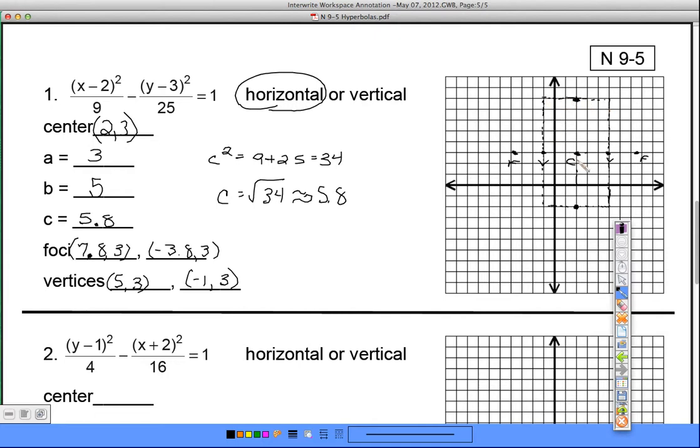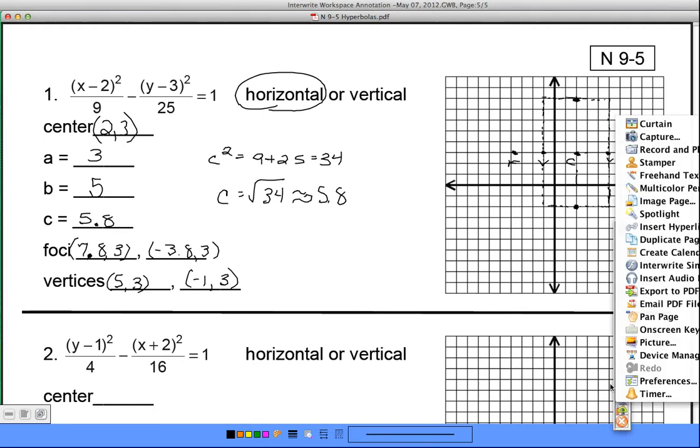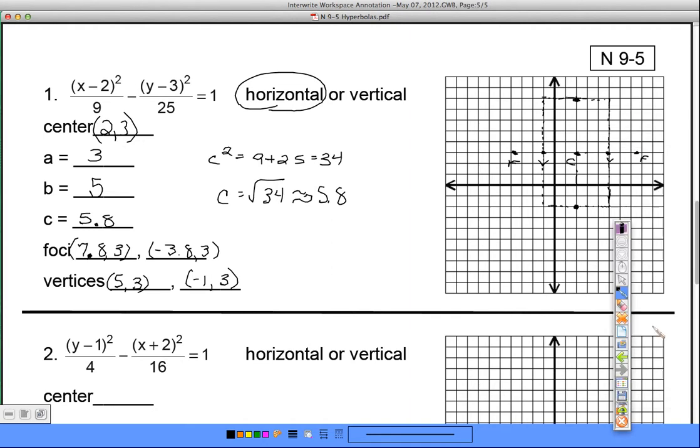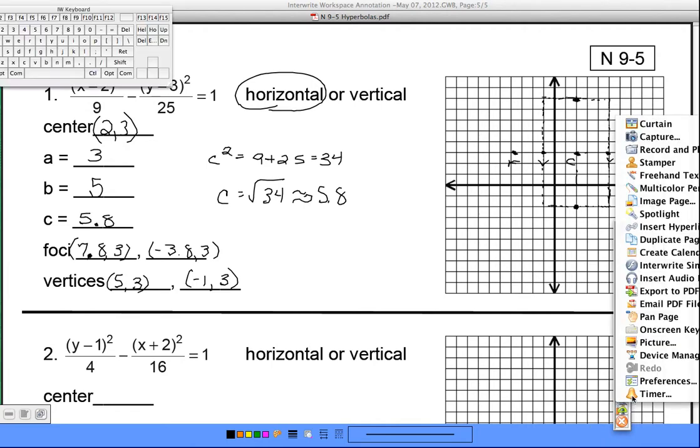Now with a ruler, and I don't have a ruler, wish I did. Let's see if I can get, there's one in the toolbox. Doesn't look like it. That would be nice, but it doesn't look like there is. I was thinking there was a freehand.